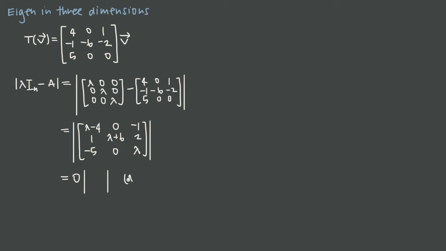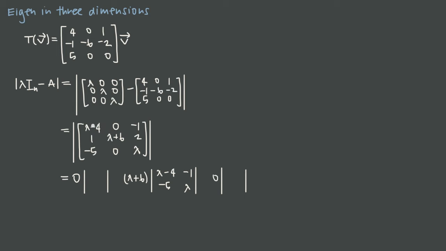Then we're going to have lambda plus 6 times the 2 by 2 determinant. It's going to come from the corners, so lambda minus 4, -1, -5, and lambda. And then the third entry will have a 0, so we'll say 0 multiplied by a 2 by 2 determinant, but again, we won't really worry about it. We just have to make sure we get our signs right.